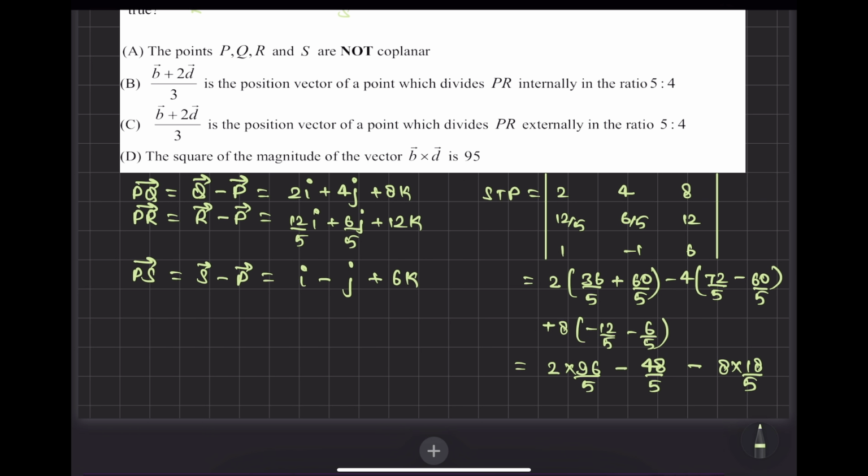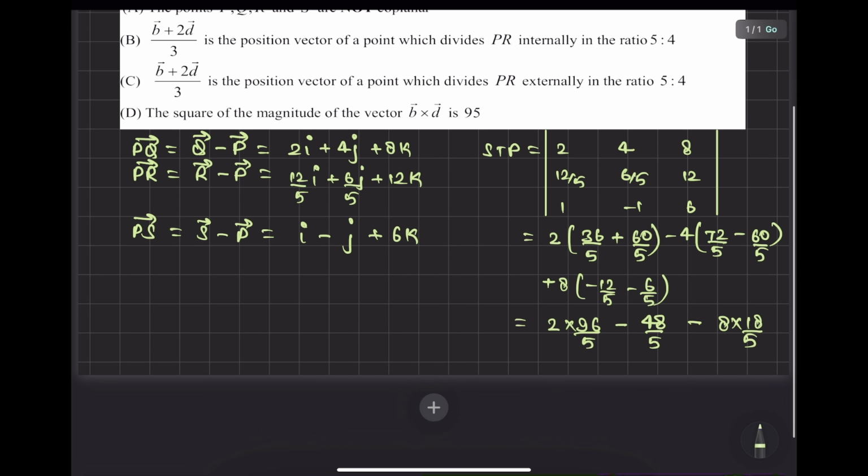I hope till this part you guys are okay. Now let's open this expansion. So it is 192, okay, minus 192 plus 144, correct, by 5. So look at this.